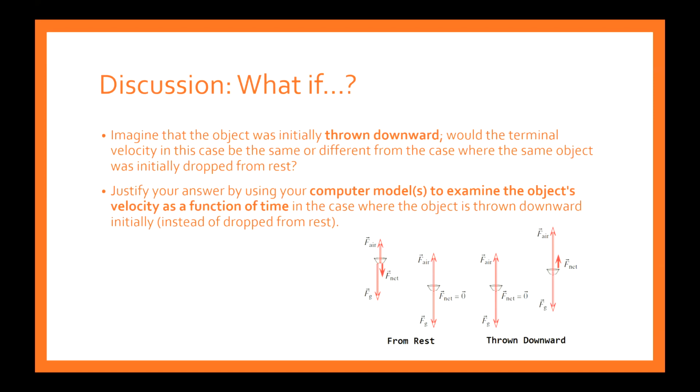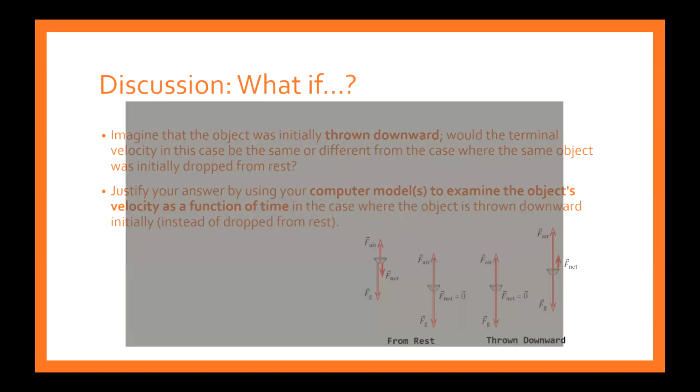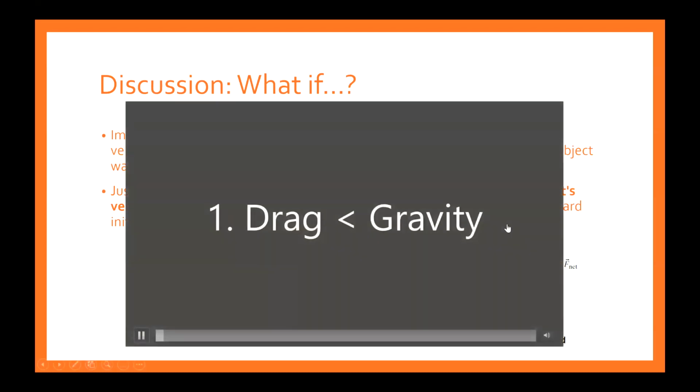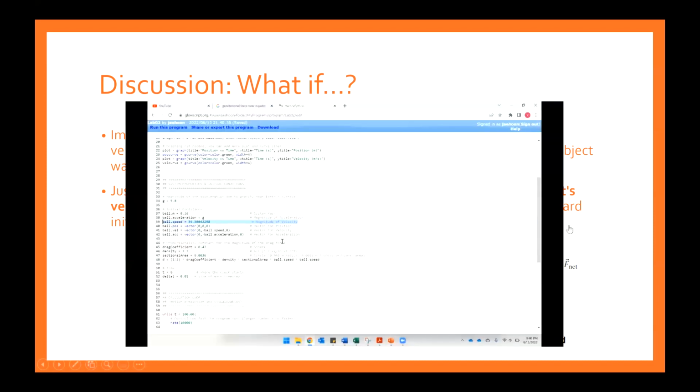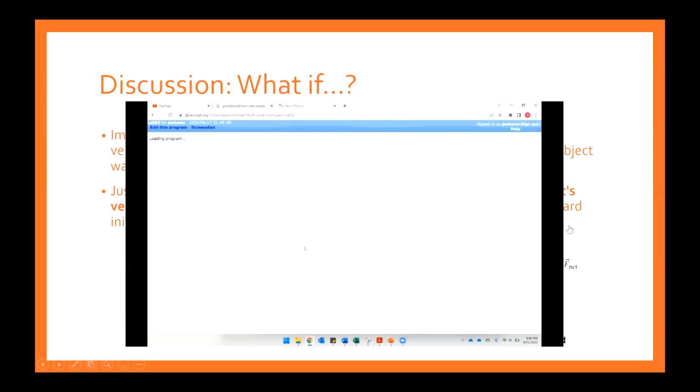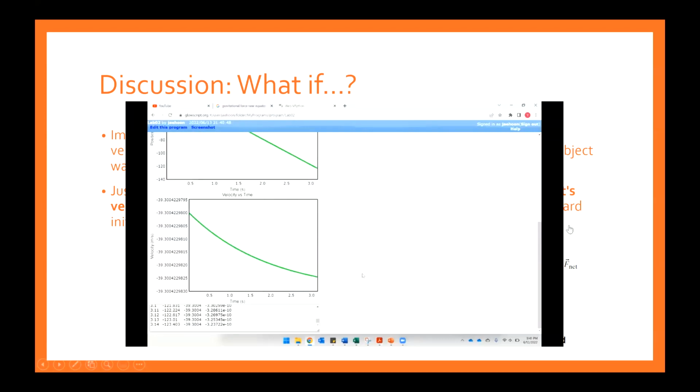And if you slow down the object, you're going to have less drag force as time goes by, and eventually you will get to net force 0 again. Here is the proof that I got in my model. The case where drag is less than velocity is the case of releasing it from rest.